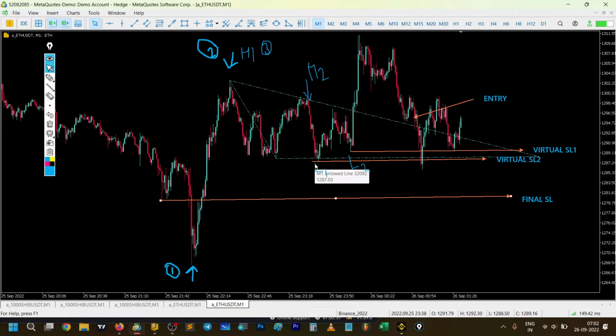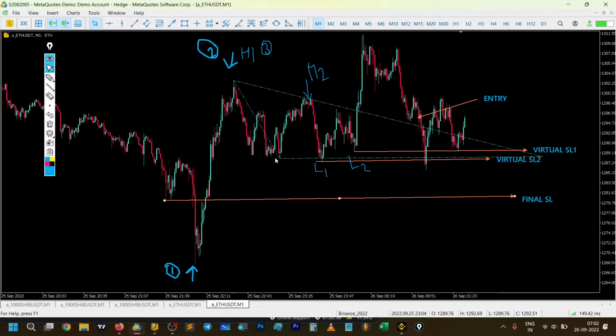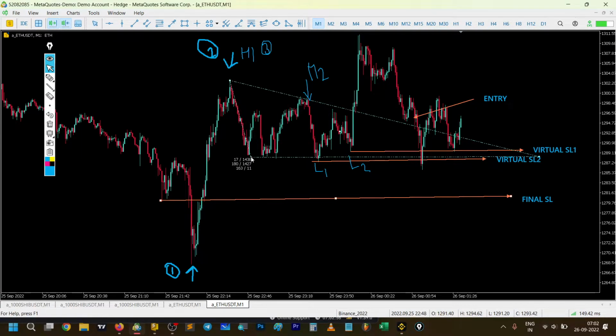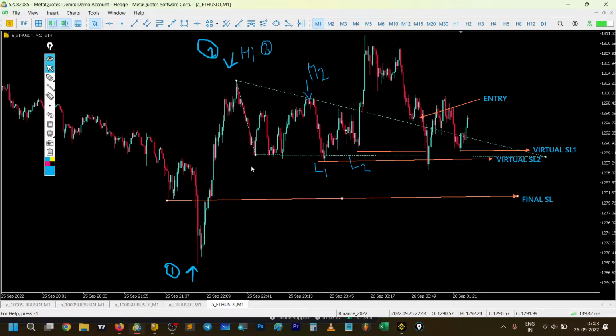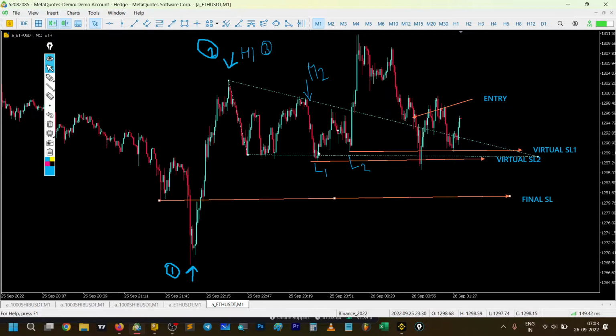So what I can see is this is a symmetric triangle. You can also select it differently, but I prefer finding a place where it's matched properly. If price is going a little bit down from the line, it's completely okay.